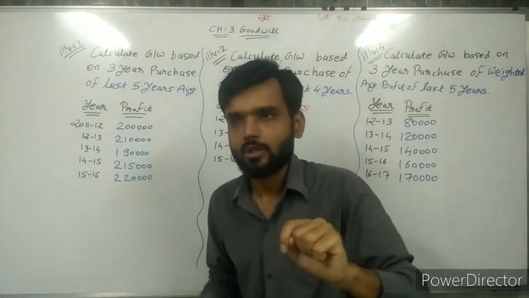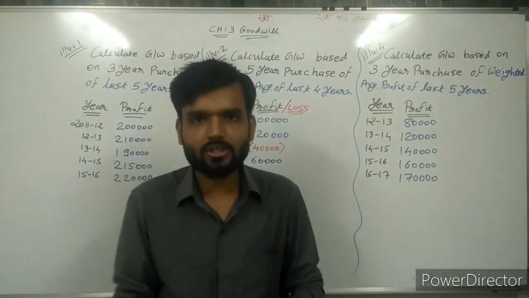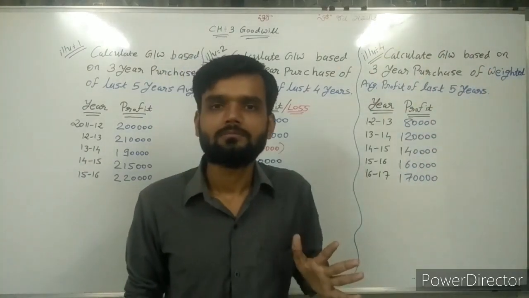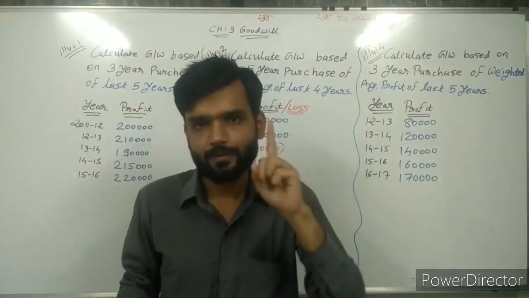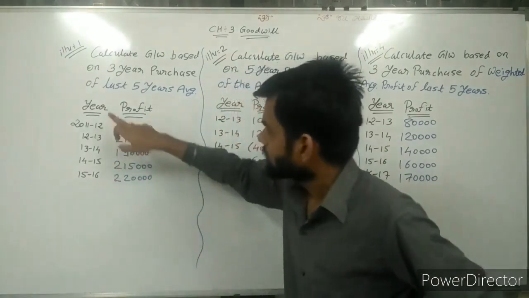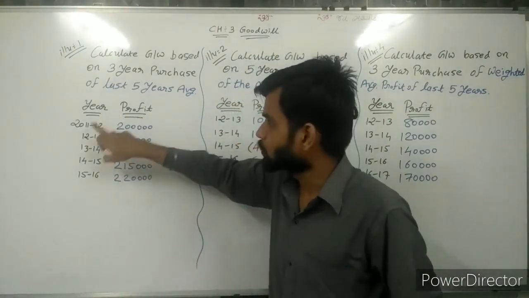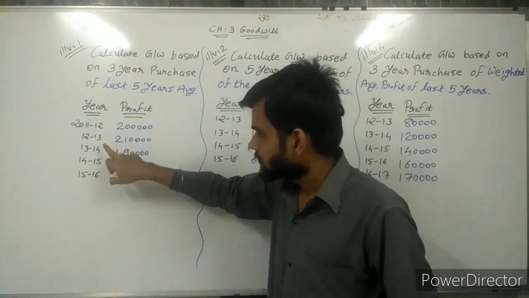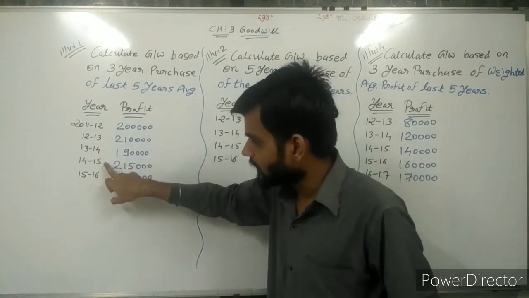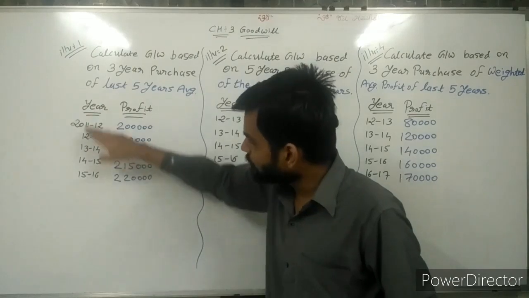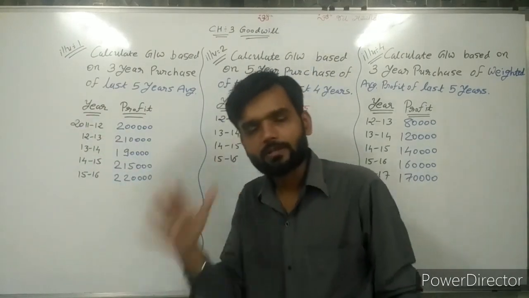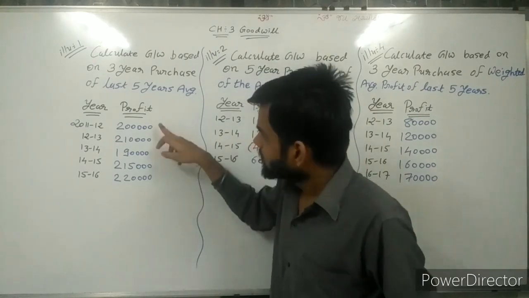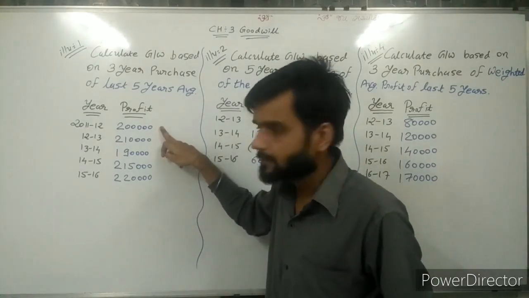Here 3 sums are given, so see the profit of these 3 companies. In the first, the years 2011-12, 12-13, 13-14, 14-15, 15-16 are given, so 5 years of information. The first year profit is 2 lakh rupees.